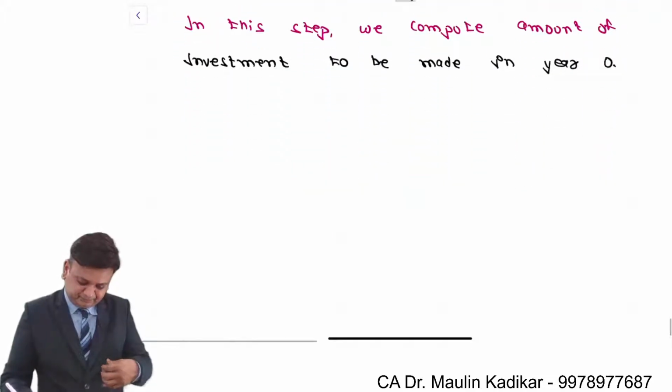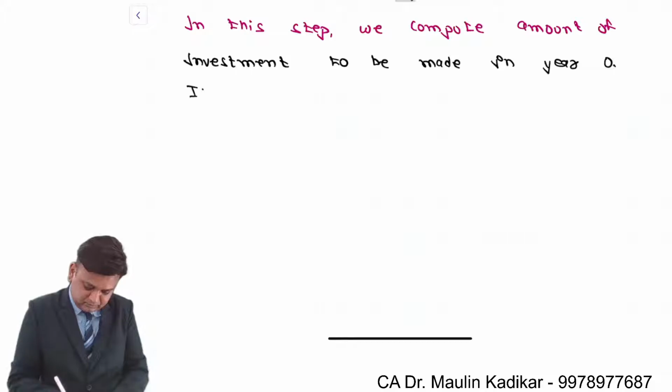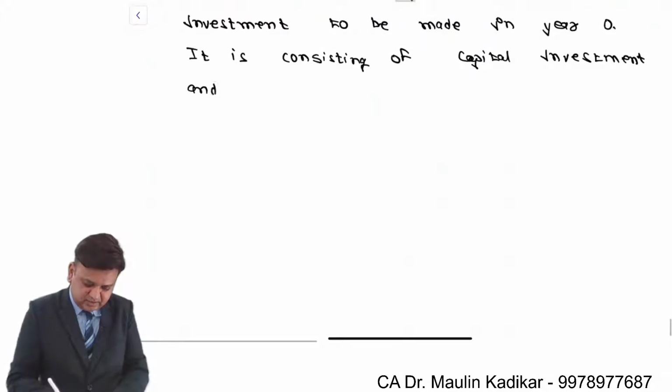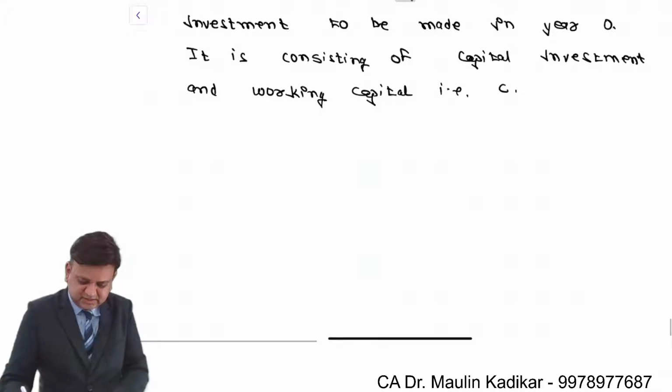It consists of capital investment and working capital, that is, current assets net of current liabilities.